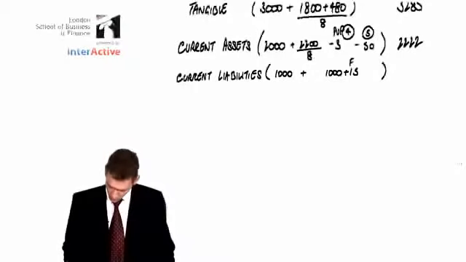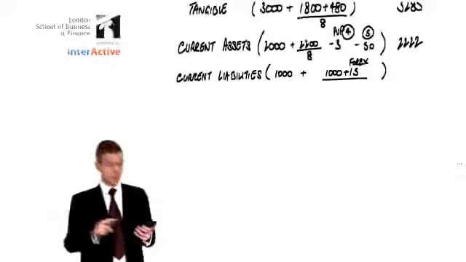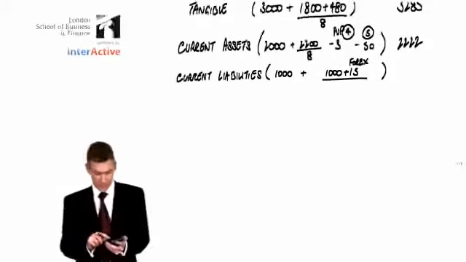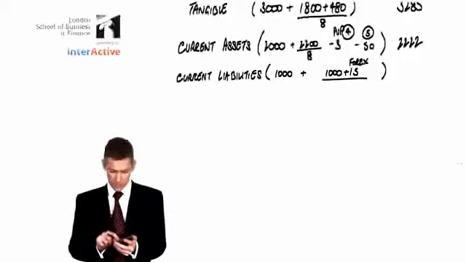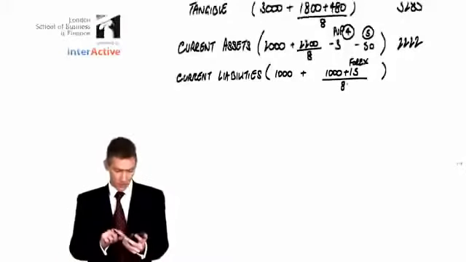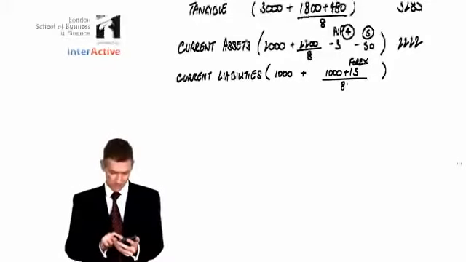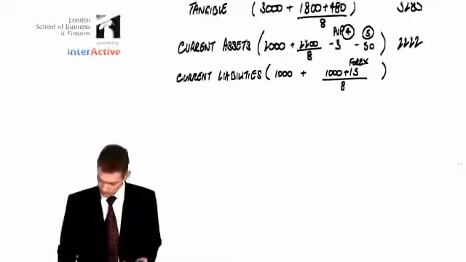When we remove the Forex, the current liabilities reveals its true liability, which is 1015. So 1015 divided by 8 plus 1,000 is 1127.